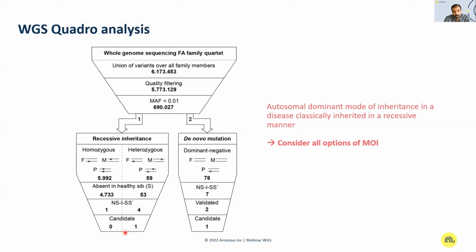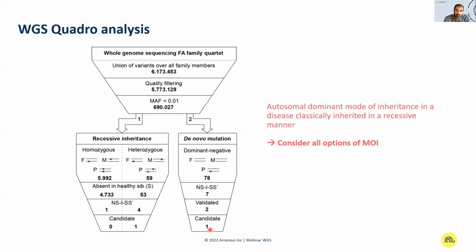And because of this, we changed the filtering strategy to also look into a different mode of inheritance, which is a dominant mode of inheritance. And by using this approach, we ended up with 2 candidates, of which one we could validate as well as functionally test.